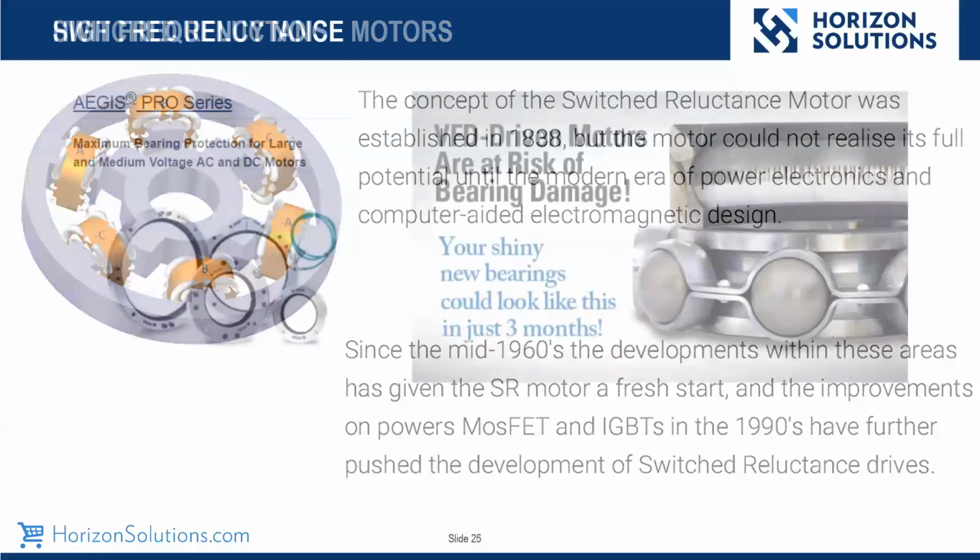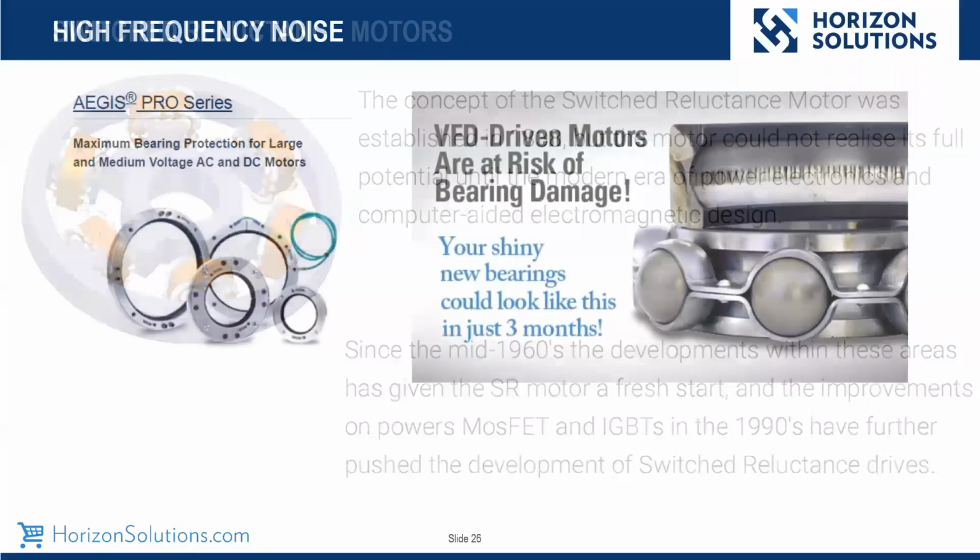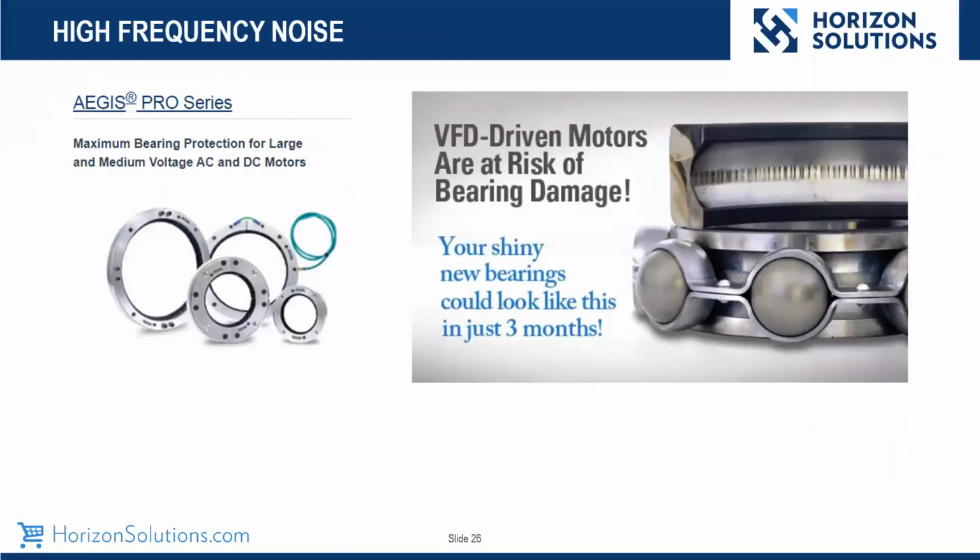Now let's change gears here a little bit, and we're looking at noise. So versus reflected wave, high frequency noise is also bad for the drive and for the motor. Instead of a winding issue where you have over voltages battering the end turns of the motors, you also have high frequency noise that is emitted by the drive.